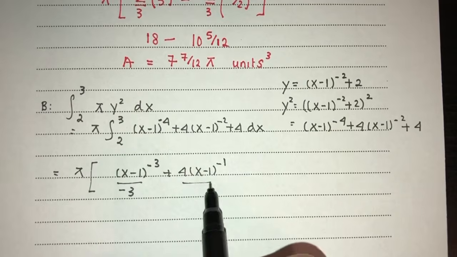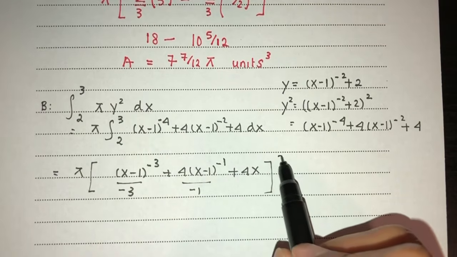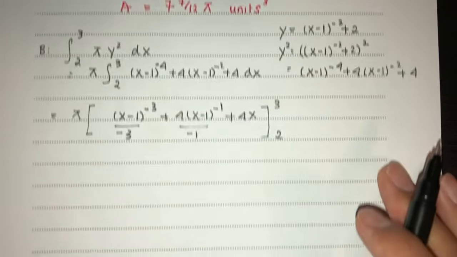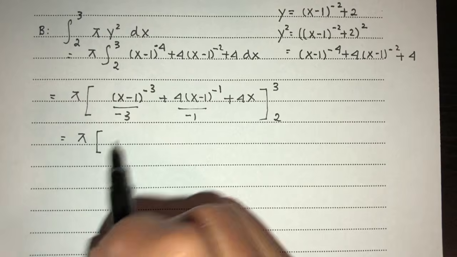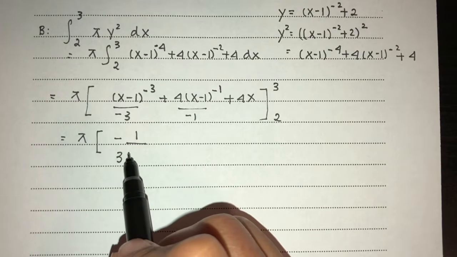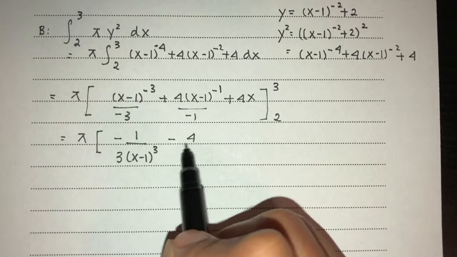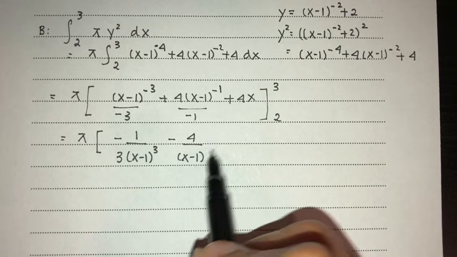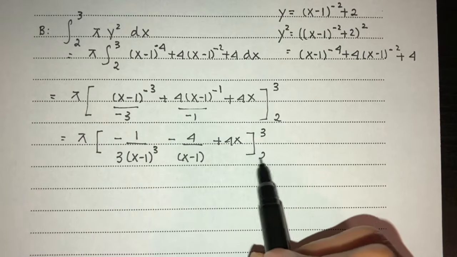That will be minus 1, divide by minus 1, plus 4x, between the limits of 3, 2. Now next one, let's simplify. You will have minus 1 over 3 times x minus 1 power 3, minus 4 over x minus 1, and then plus 4x between the limits of 3 and 2.